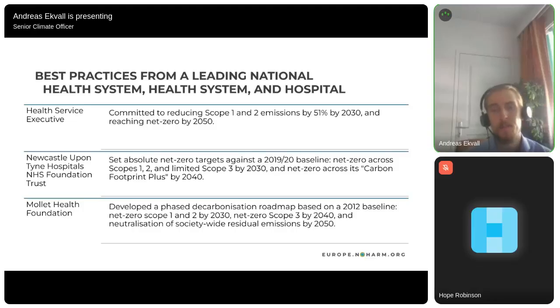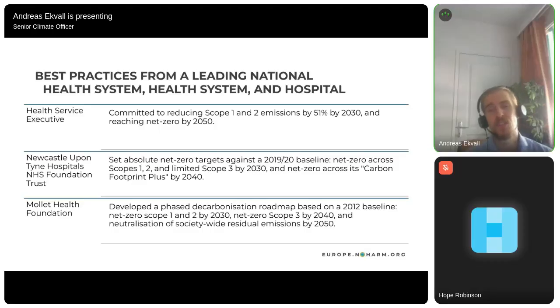And I do want to extend a big thank you to the Health Service Executive, Newcastle Hospitals, and the Maria Health Foundation for their contribution to the handbook. Now, while all of these are committed to net zero, they each use different boundaries, methods, and target levels. And this really highlights a broader challenge when it comes to mitigation targets.